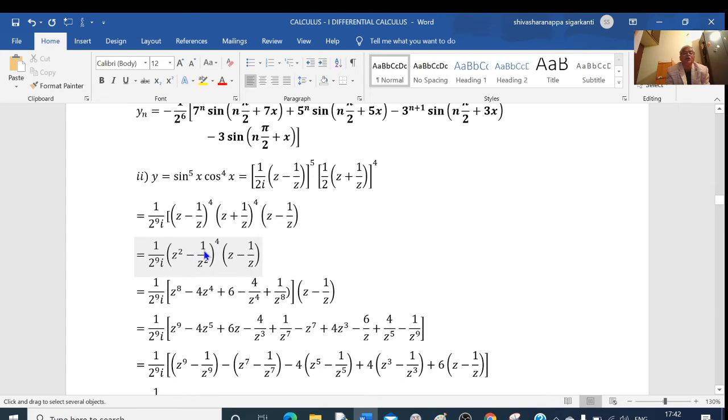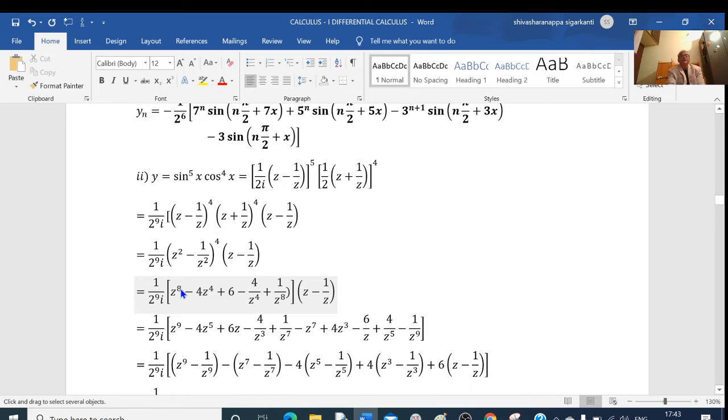Expanding this by the binomial theorem, here n equals 4. (a plus b) to the power of n is a to the power of n plus nC1 a to the power of n minus 1 into b plus nC2 a to the power of n minus 2 into b square, and so on. So a to the power of n is z square to the power of 4, that is z to the power of 8.